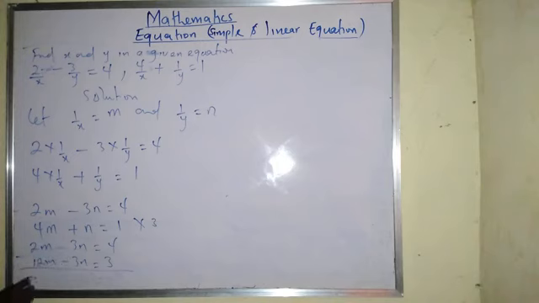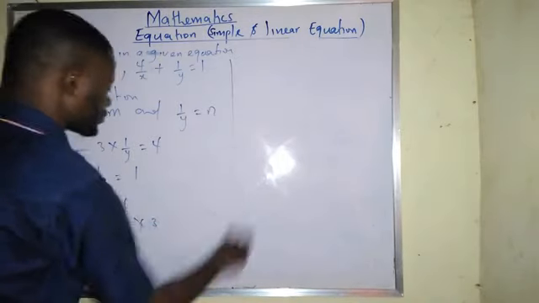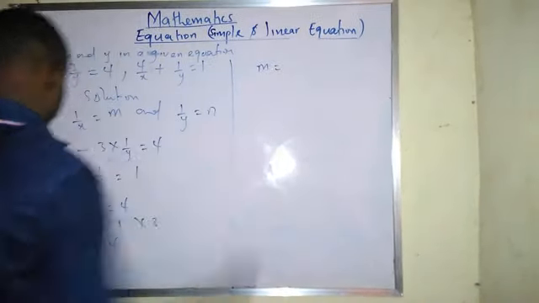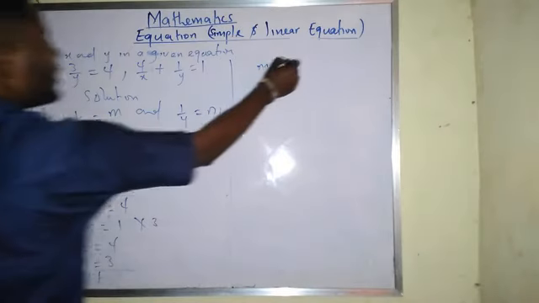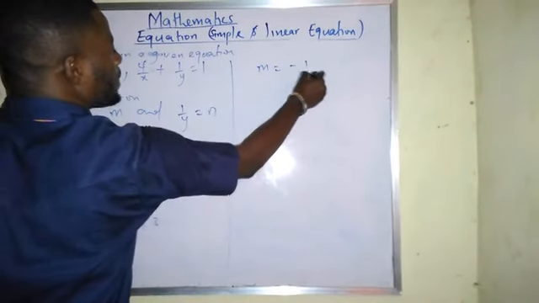Now this one will be 14m, this one will now be 0, and 0 equals 7. Which gives me my m equals 1 all over 14.